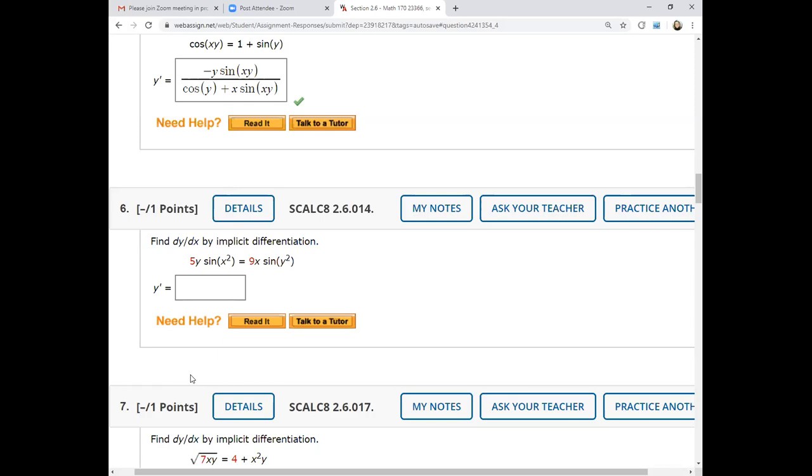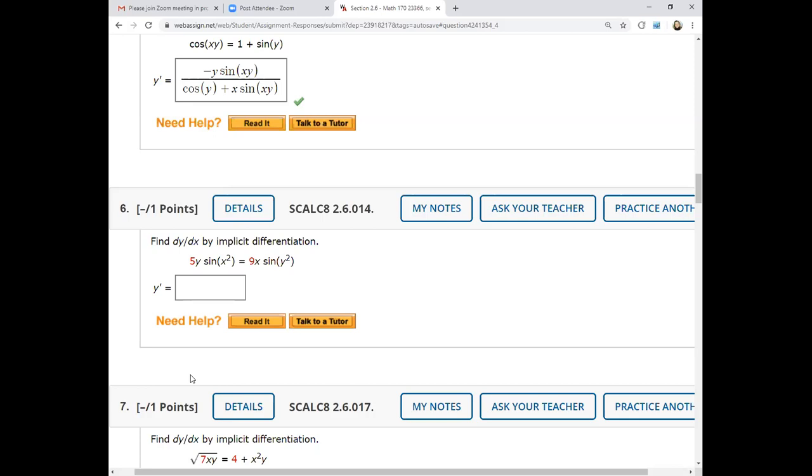So on the left side, the first function is 5y. The second function is the sine of x squared. So the derivative of the first function is going to be 5 dy dx. The second function is the sine of x squared.